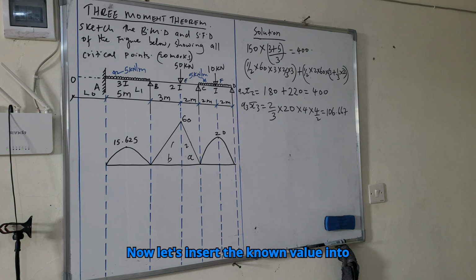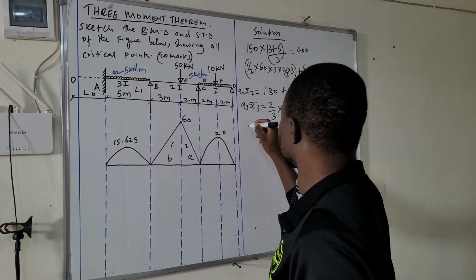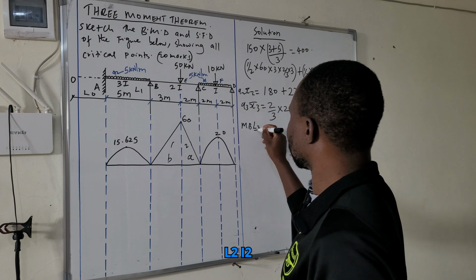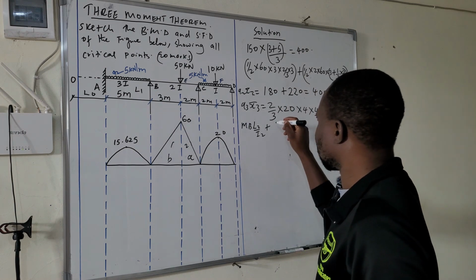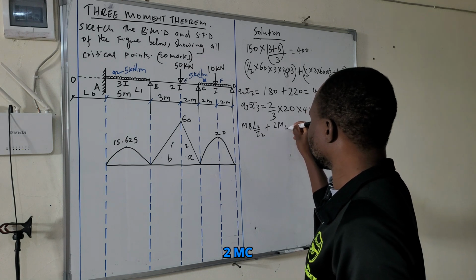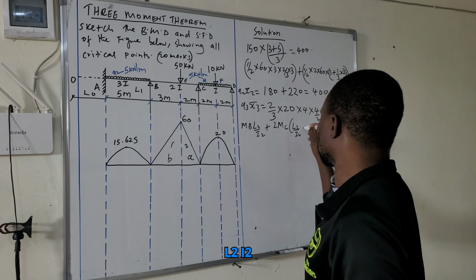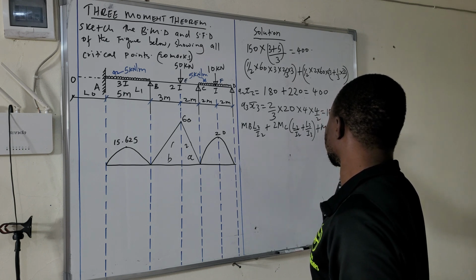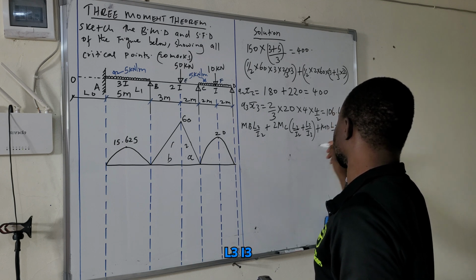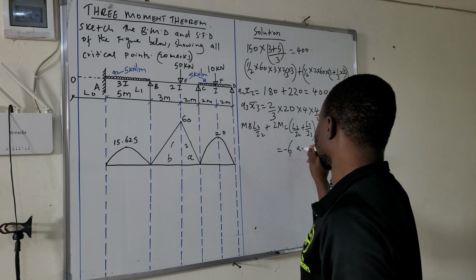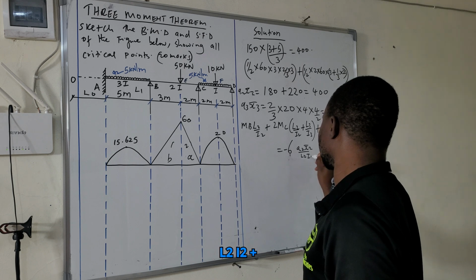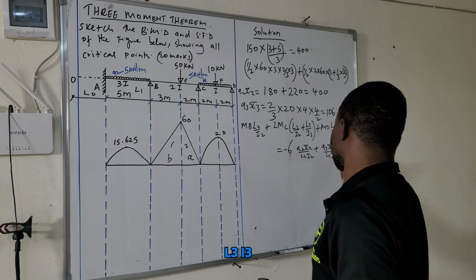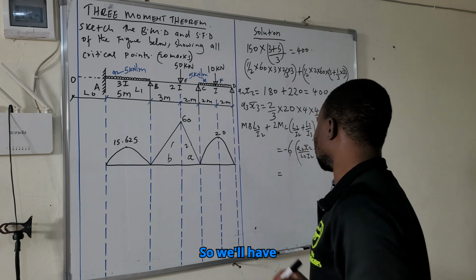Now let's insert the known values into this expression, which is for span BC, CD: MB L2 over I2 plus 2 MC L2 over I2 plus L3 over I3 plus MD L3 over I3 is equal to negative 6 A2 x bar 2 over L2 I2 plus A3 x bar 3 over L3 I3.